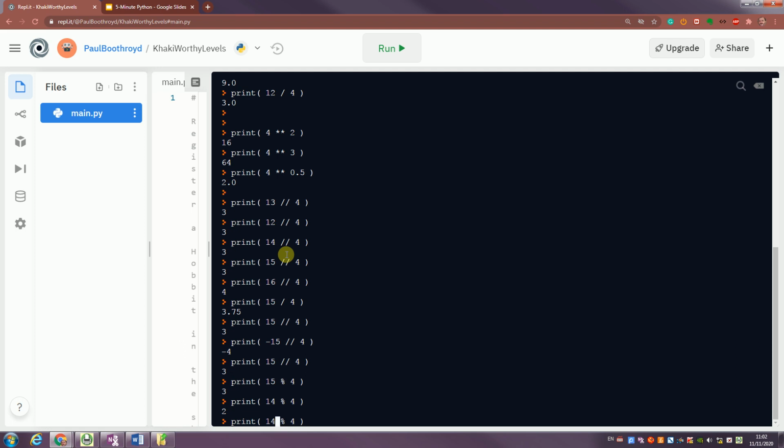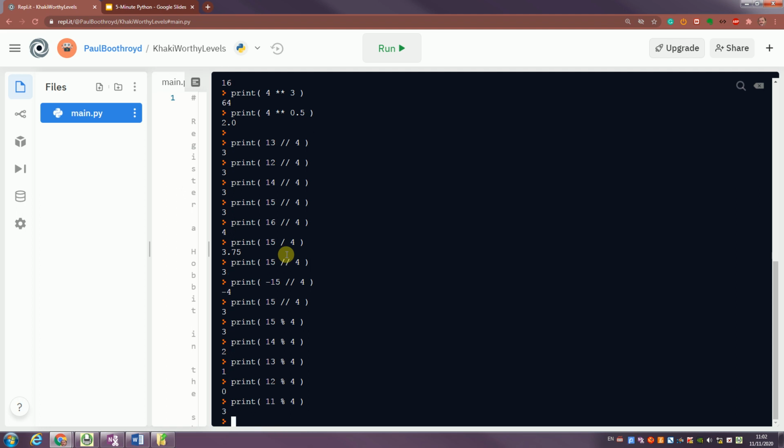It's 2. 13%4 is 1. 12%4 is 0. And when I go down to 11, notice playing with the command again, it goes back to 3. Oh, this is to do with the division. The percentage is what's the remainder, the modulus function.